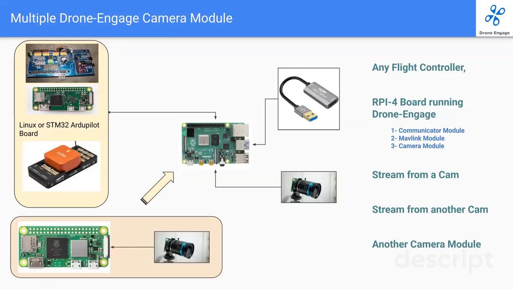The system supports streaming from multiple cameras simultaneously, with one camera connected via USB adapter to the main RPI 4. Additional camera modules can be added using separate Raspberry Pi boards, providing expanded coverage and flexibility. This modular approach allows you to scale your video capabilities precisely to match mission requirements.